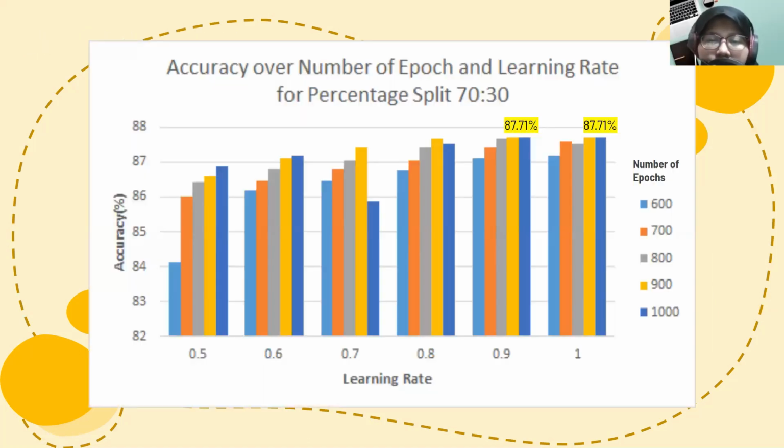This is our graph for the 70%, 30% percentage split for learning rates 0.5, 0.6, 0.7, 0.8, 0.9, and 1 with various epochs.